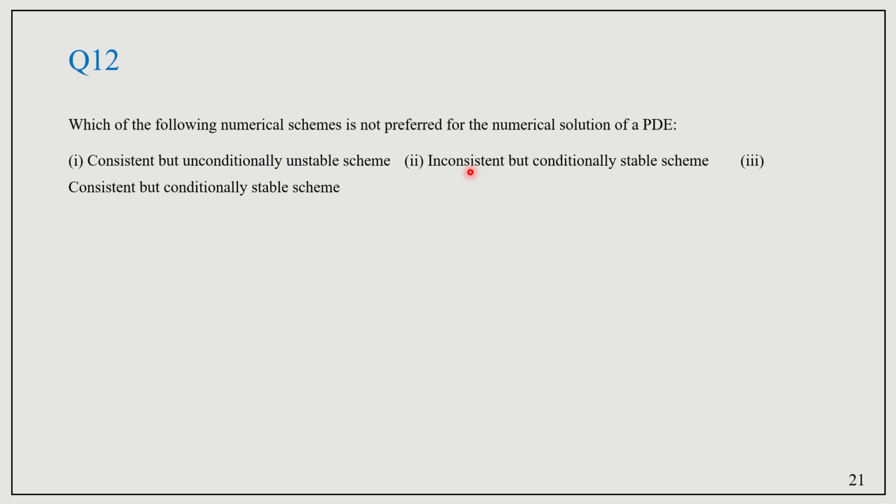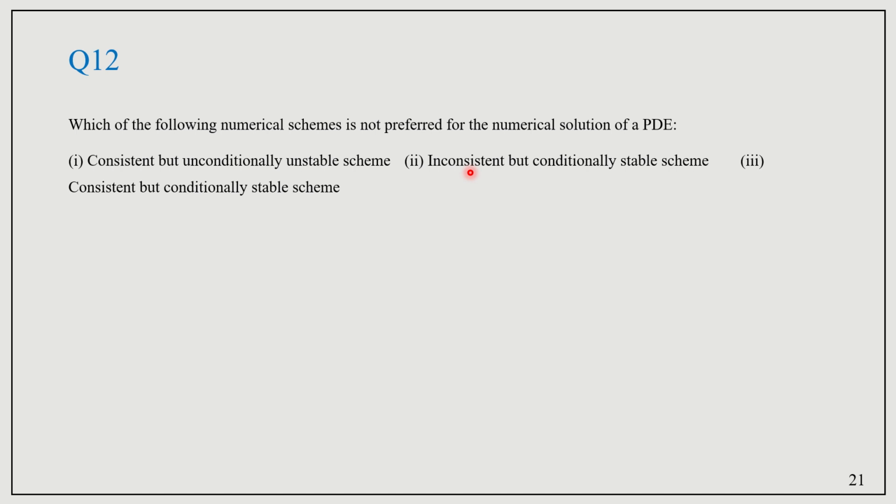It is an inconsistent scheme, but it is stable under particular conditions, like a CFL number. Under those conditions the system is stable, but it is inconsistent. So we would not prefer it as well. So the first one is not preferable, and the second one is also not preferable.